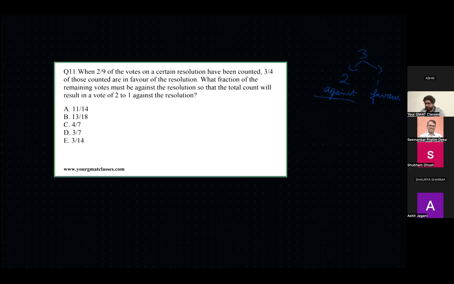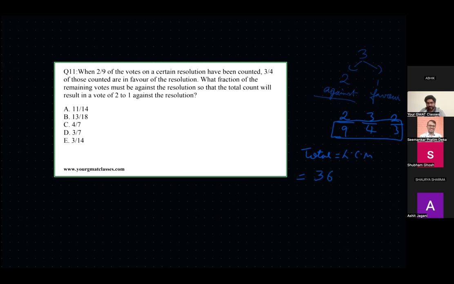So I have 3 ratios given, 2/9, 3/4, and 2/3. I'll assume total as LCM of these 3. So LCM of 9, 4, and 3 would be how much, class? 36x.